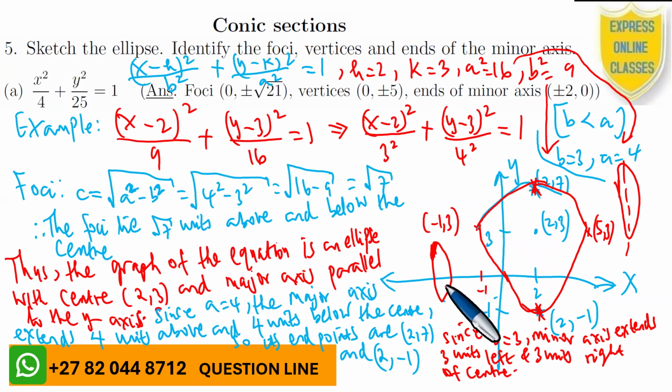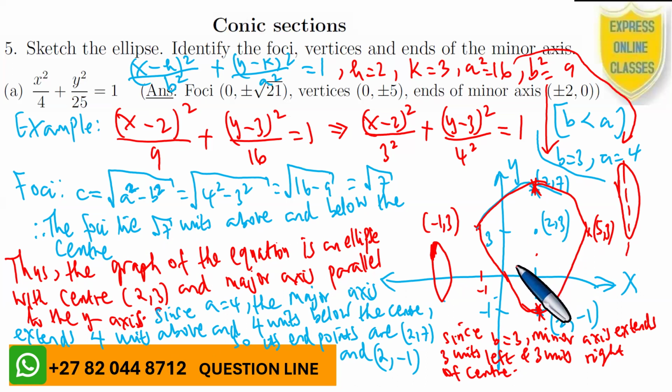But if this is the case, where do we have the foci here? Since the foci lie the square root of 7 units above and below the center, this is the center, and then you're going to go below and above.